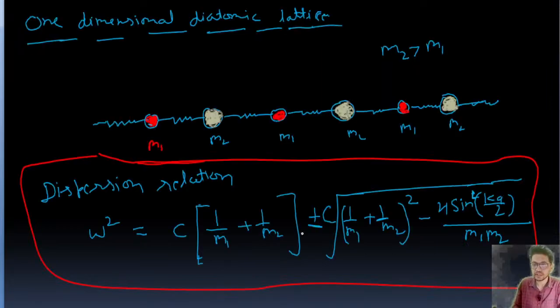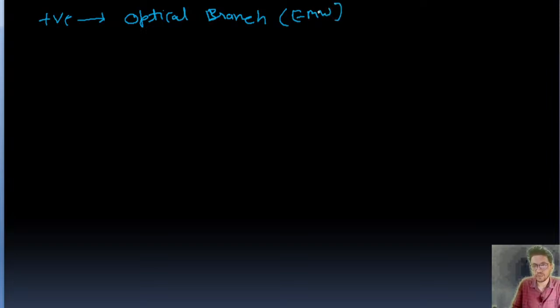Here you can see omega square equals C into (1 upon m1 plus 1 upon m2) plus minus C root of (1 upon m1 plus 1 upon m2) whole square minus 4 sine square K a by 2 upon m1 m2. So there are two signs, plus and minus. The plus sign is for the optical branch, or electromagnetic wave, and the minus sign is for the acoustical branch, that is, sound wave.